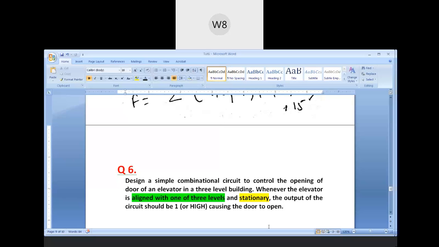You have to find out how many variables should be there in the Boolean function which will represent this problem. Once you have found the number of variables, you can find the function value for all the possible inputs.